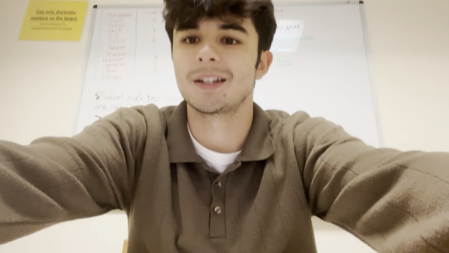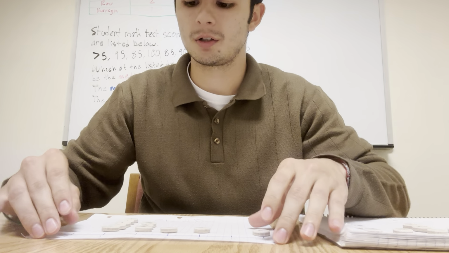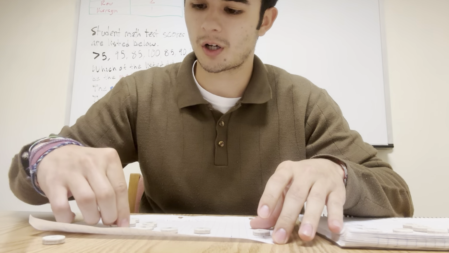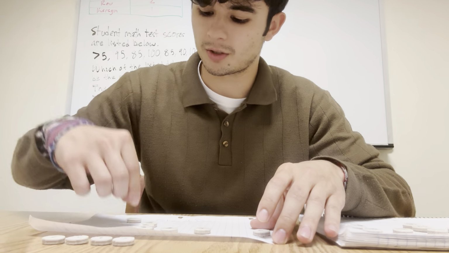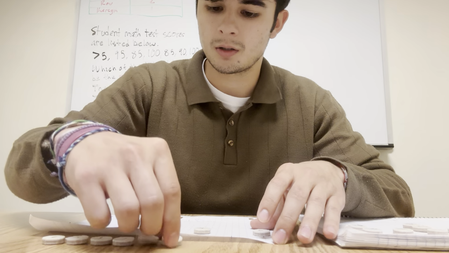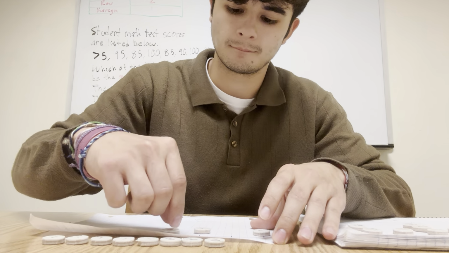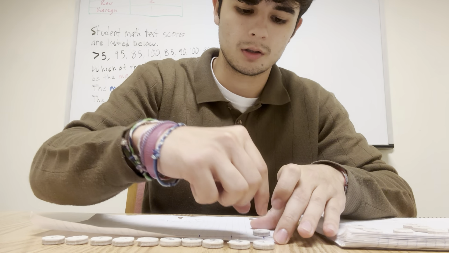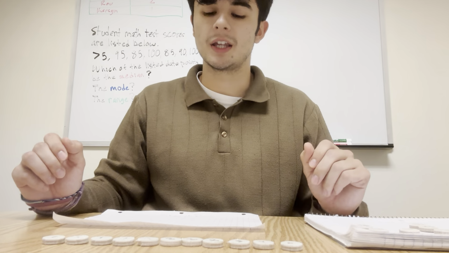So, like I said, the median, instead of taking all that time to write all of our numbers down, we can simply shift our dry erase circles into least to greatest order. And least to greatest. So we have 11 data points here.